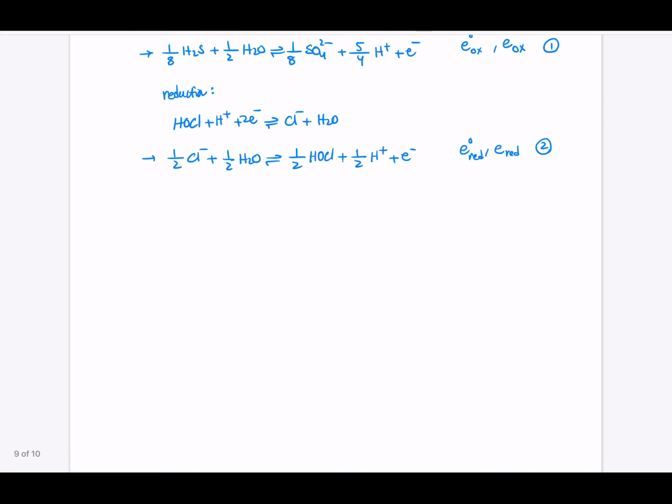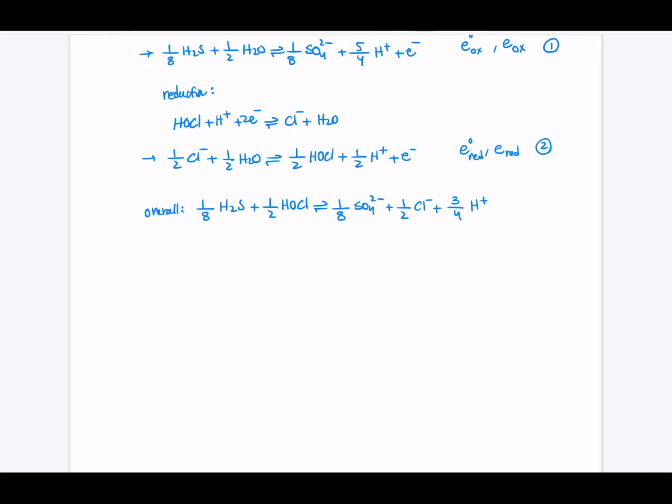Now we can write down the overall reaction. This is basically 1/8 of H2S plus half of HOCl, forming sulfate, plus Cl minus, plus proton.